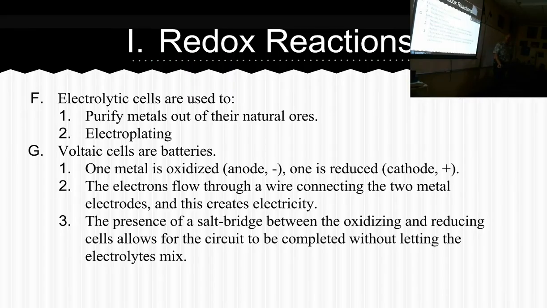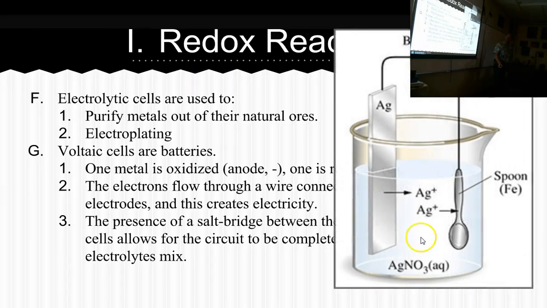So let me show you some pictures here. This is a simple electroplating apparatus. We have a bar of silver, and we have aqueous silver nitrate, so there's silver ions in the solution. And then we have some iron spoon. Well, nobody wants to eat an iron spoon. We want a silver spoon. So we dip the iron spoon in this bath that has dissolved silver in it.